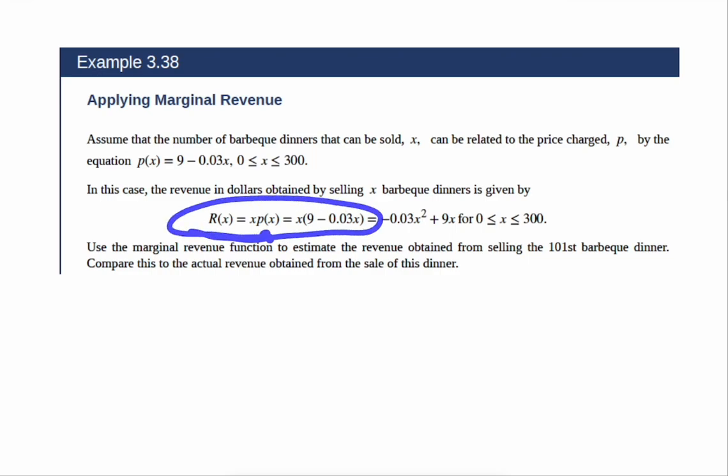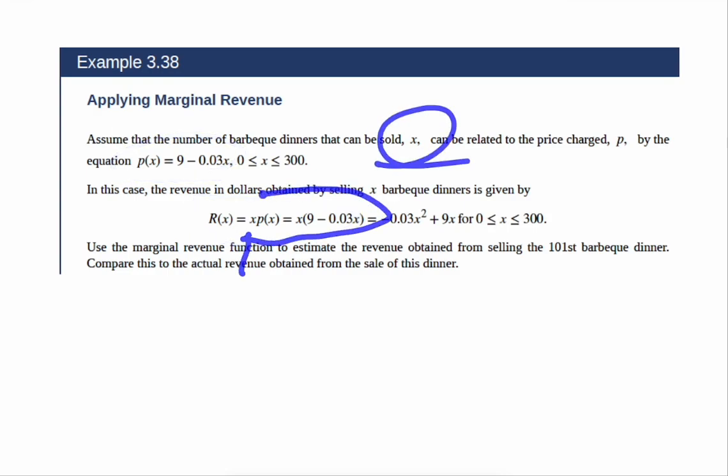So the revenue I bring in is X, how many customers, times the price of the thing I'm selling, right? Okay, so all they've done here is they've taken the price of the dinners times the number that are sold, and they've multiplied them. So that's all they've done to find the revenue.